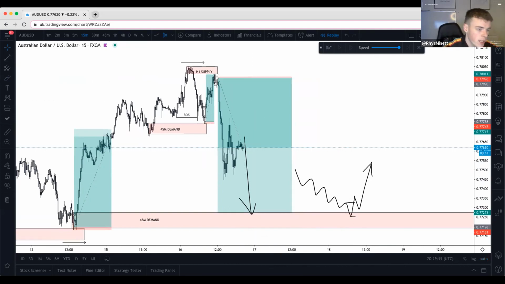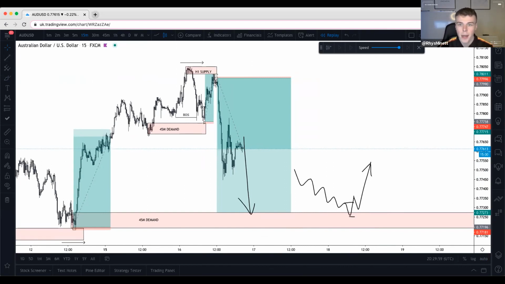What's the accuracy percentage for this strategy? So this ain't a strategy. The way we're trading now isn't a strategy. This is a concept pretty much, and it's the way the banks are moving. It's the way the banks are actually trading. But the accuracy percentage is different to each person. A beginner is not going to catch these type of entries straight away.